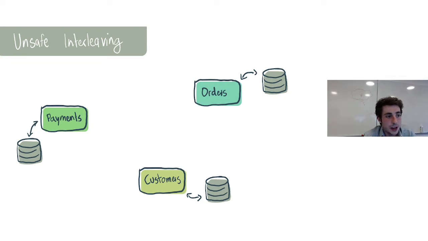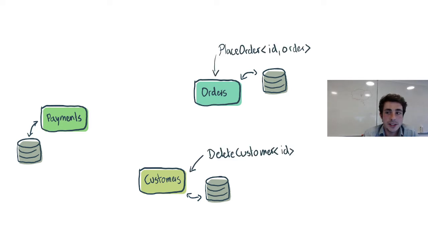For a motivating example, let's look at the following unsafe interleaving. Imagine that we have two events that arrive at the two microservices, orders and customers, at about the same time. One event is called place order, and it will trigger a place order function inside the microservice, which will then try to place an order inside the database. The other one will try to delete a customer.